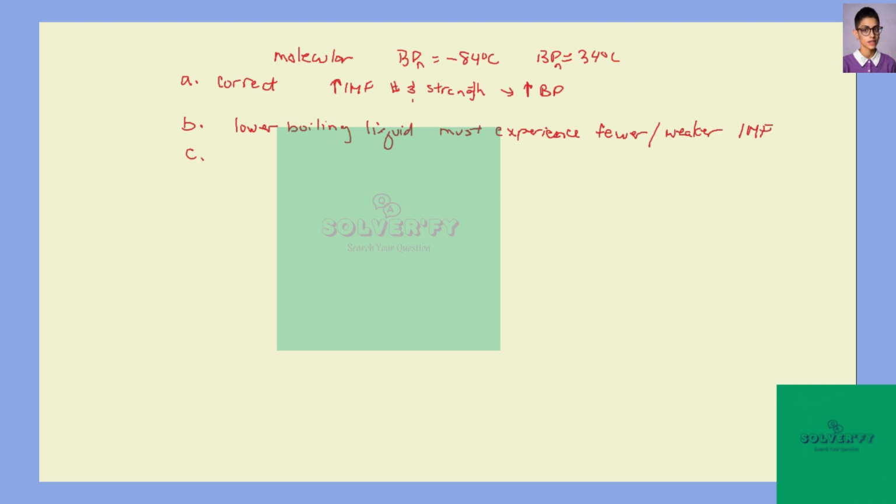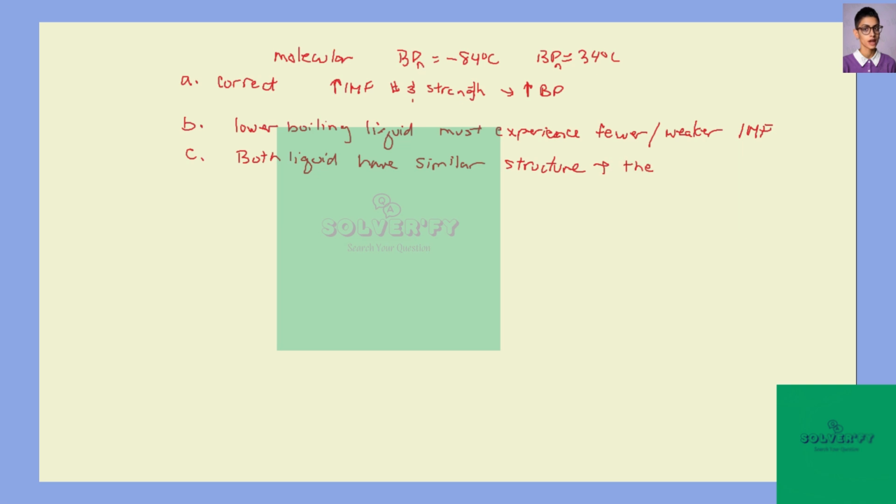Question C says that the lower boiling liquid has a lower molecular weight than the higher boiling liquid. And again, that's not necessarily true. However, if both liquids have similar molecular structures, then it is true.